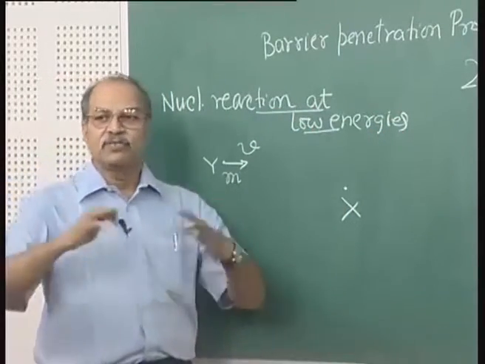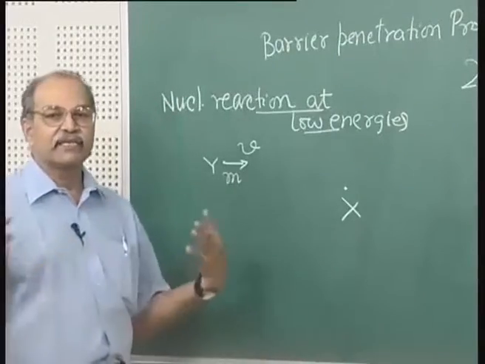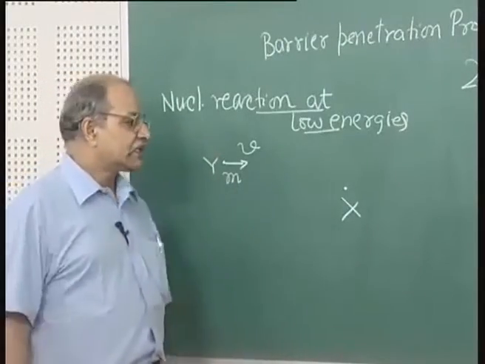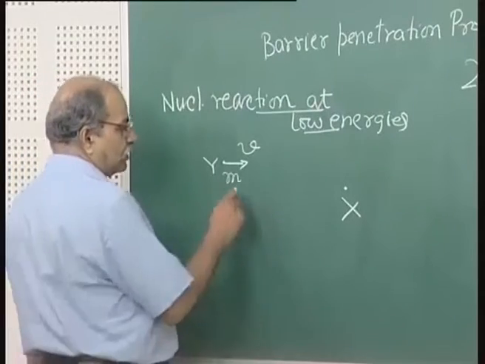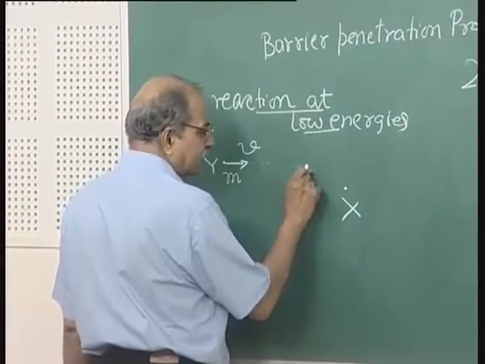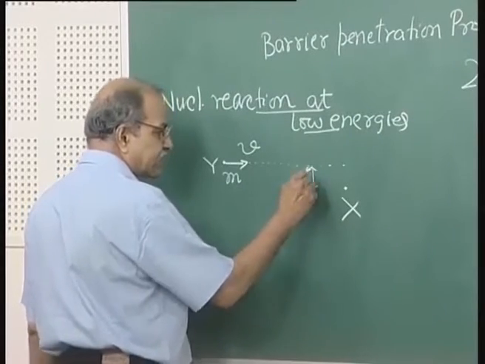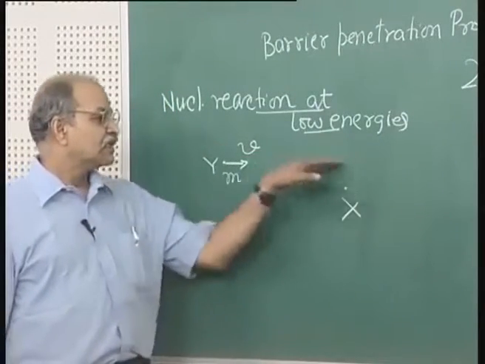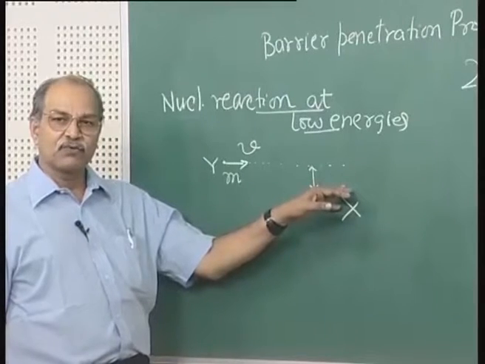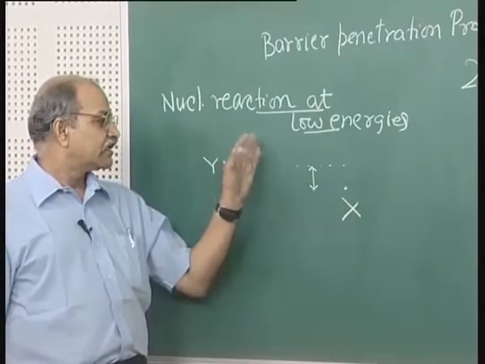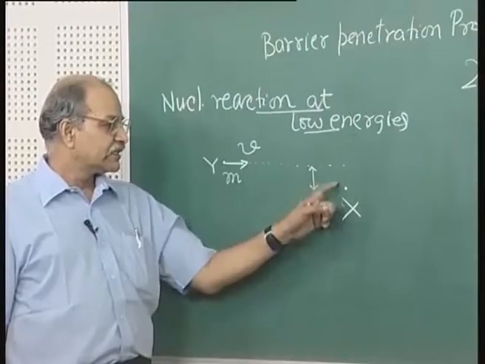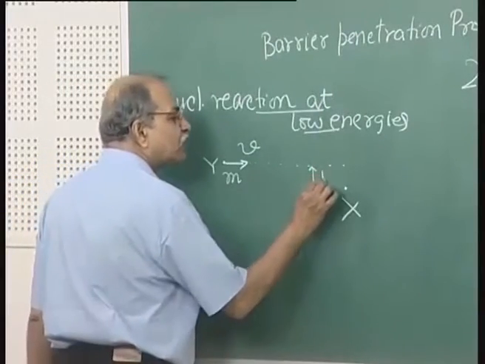Again, I will be using lots of classical, semi-classical geometrical pictures. Suppose it is coming like this, and this is the line of motion, and here is the nucleus towards which it is coming. You can take the relative velocity, and this distance is the impact parameter, call it b, small b.